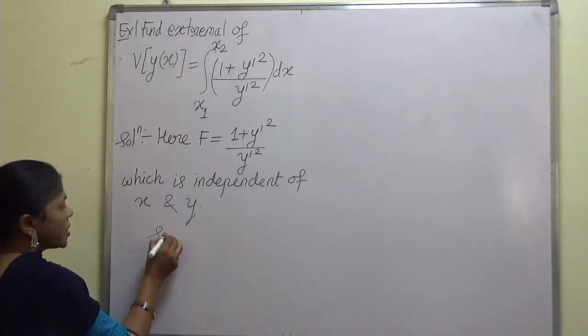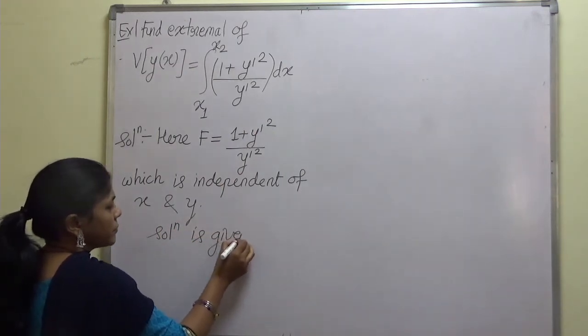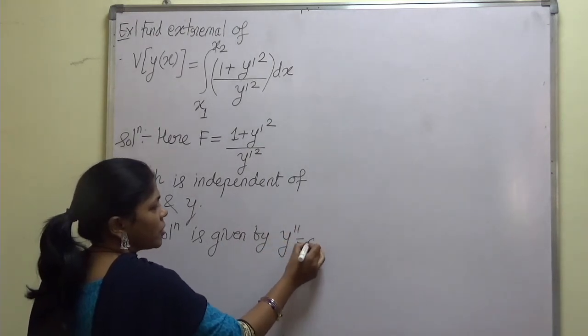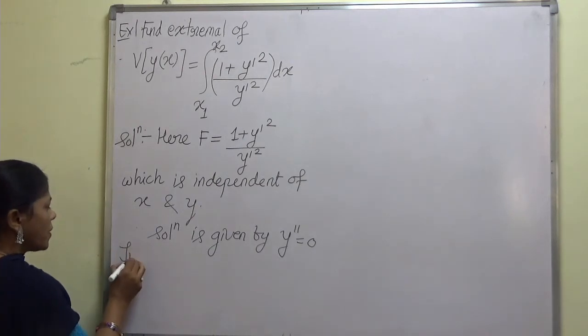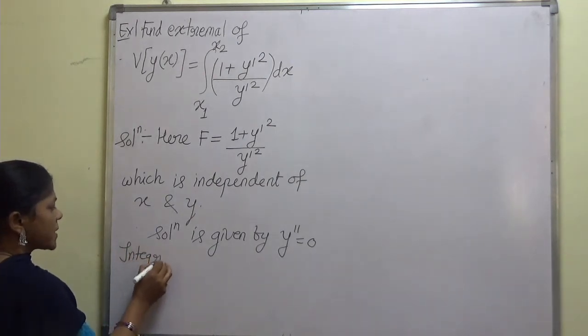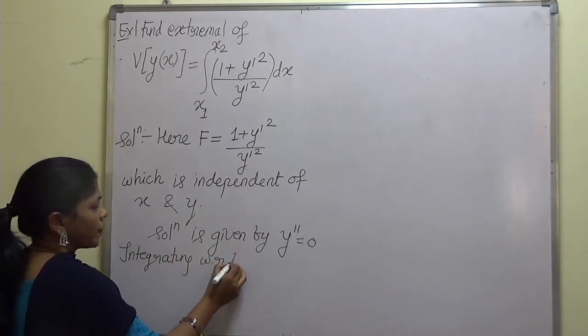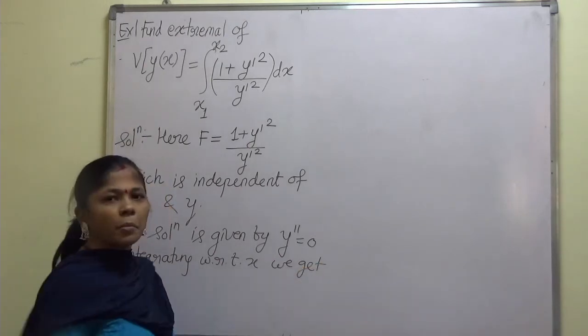Therefore the solution is given by what? Y double dash equal to 0. And we have seen integrating it twice we get what? So integrating with respect to x, we get, what is the integration of double derivative?